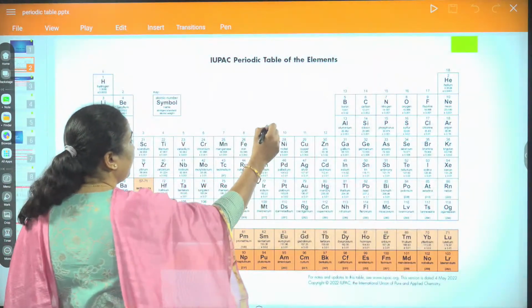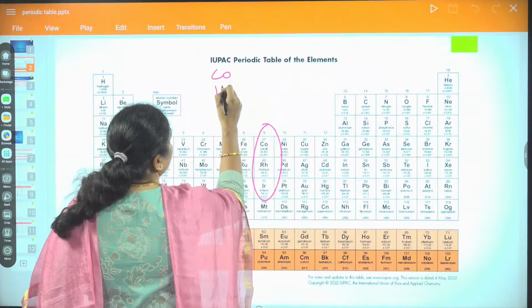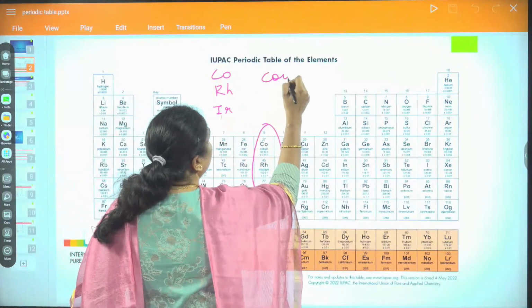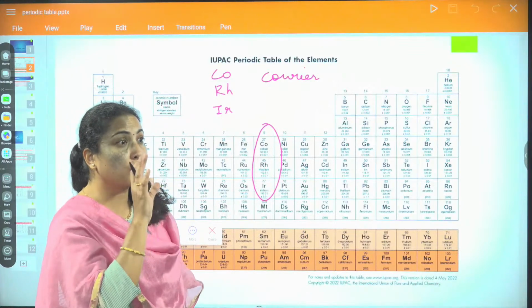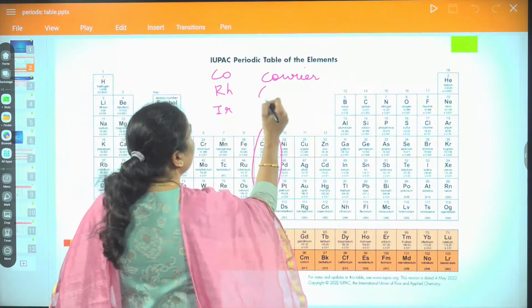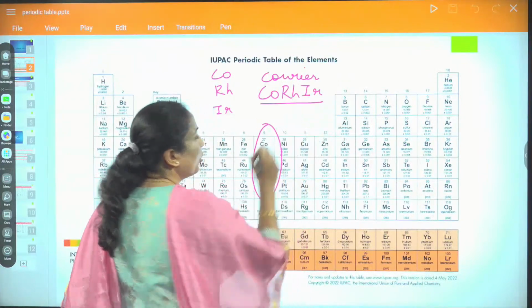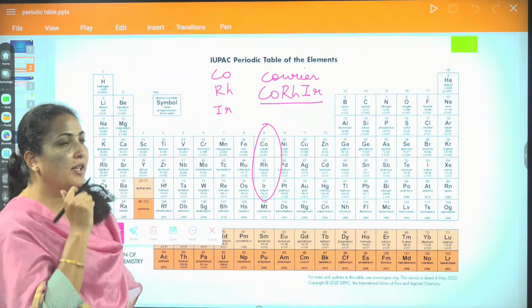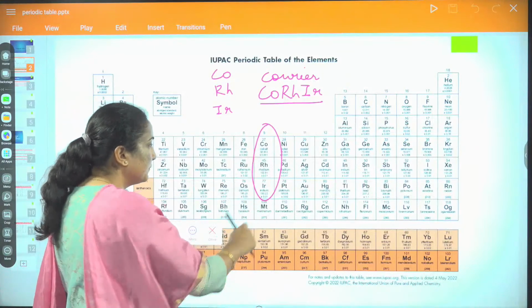Now next is this cobalt, rhodium and iridium. Now you might have seen, everybody knows courier, right? And few people will pronounce it as "co-rier", right? So we are going to do that. Courier. So you are having all the three elements here. Courier, right? Cobalt, you are having rhodium and you are having iridium, right?